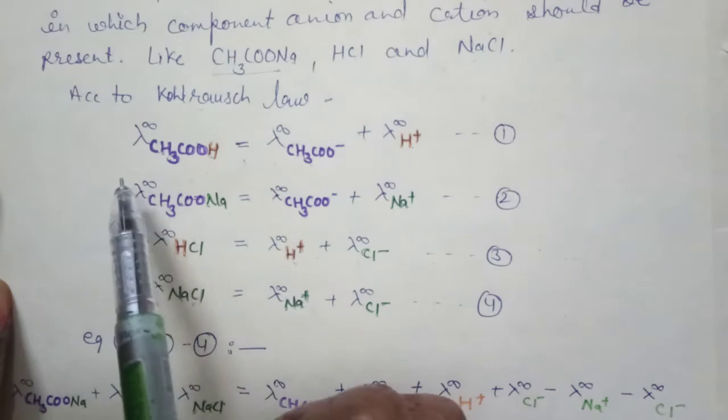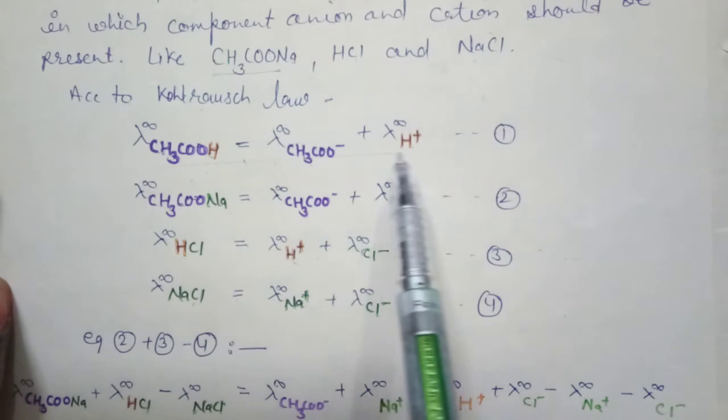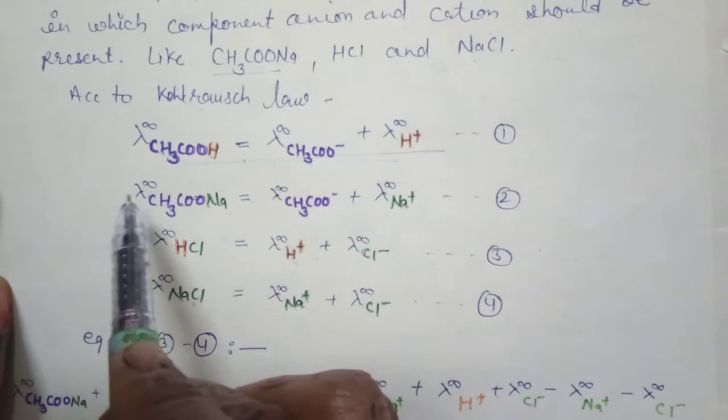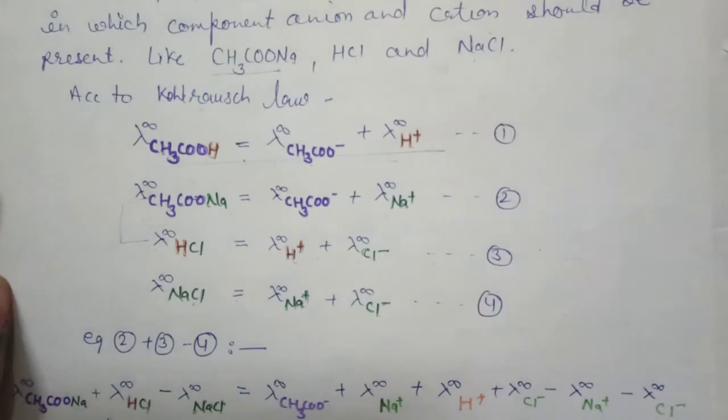Now we want the molar conductivity of acetic acid. For this purpose we have to add equations number 2 and 3, and the fourth one should be subtracted.